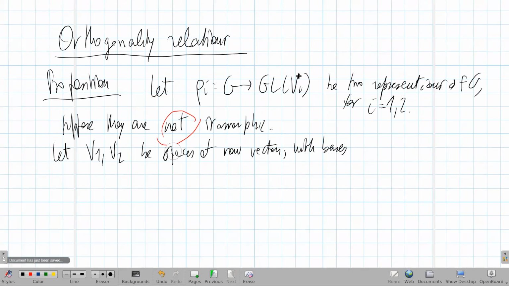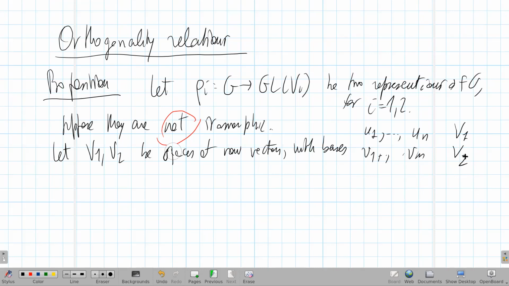There are two different bases because these are two different vector spaces. The first one will be u1, ..., un, and the second will be v1, ..., vm. Okay, so this is the basis of V1, and this is the basis of V2.